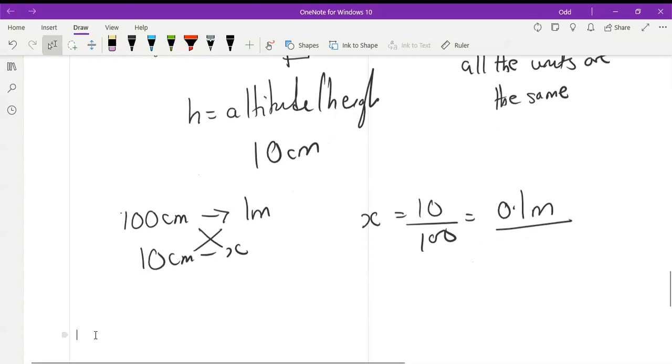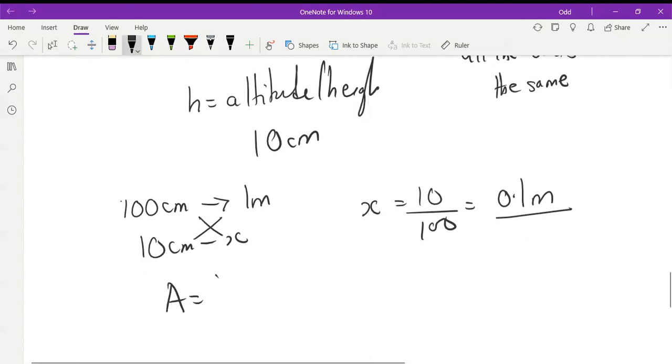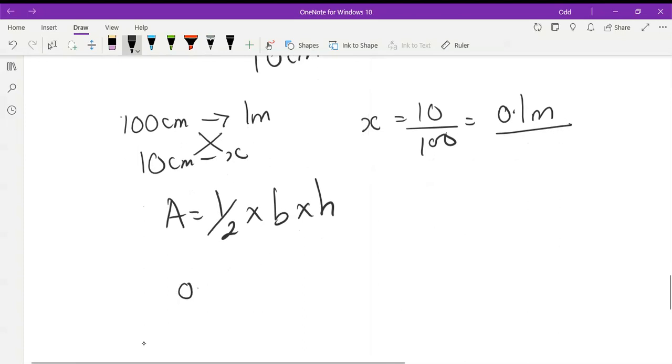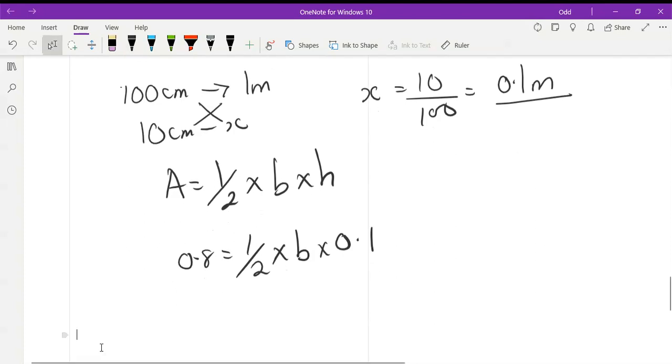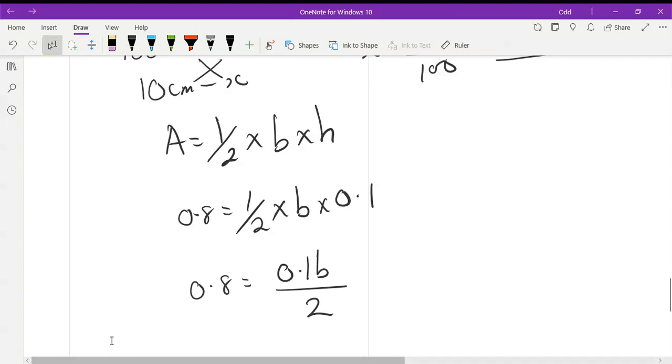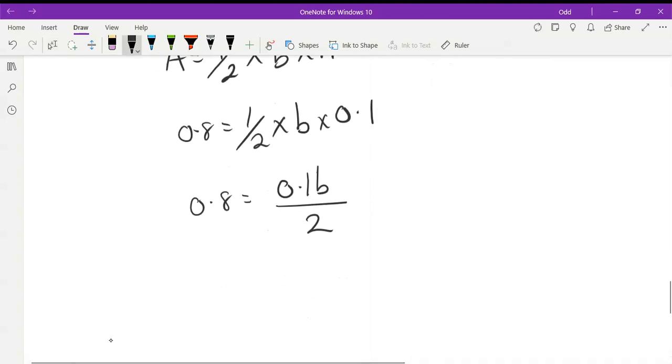Okay. So from the formula, we know that area is half times base times height. So we can put in the values. We have 0.8 is equal to half times base, which we don't know yet, times 0.1. If we multiply this, we have 0.8 is equal to 0.1b over 2. All right, then we can multiply both sides by 2.